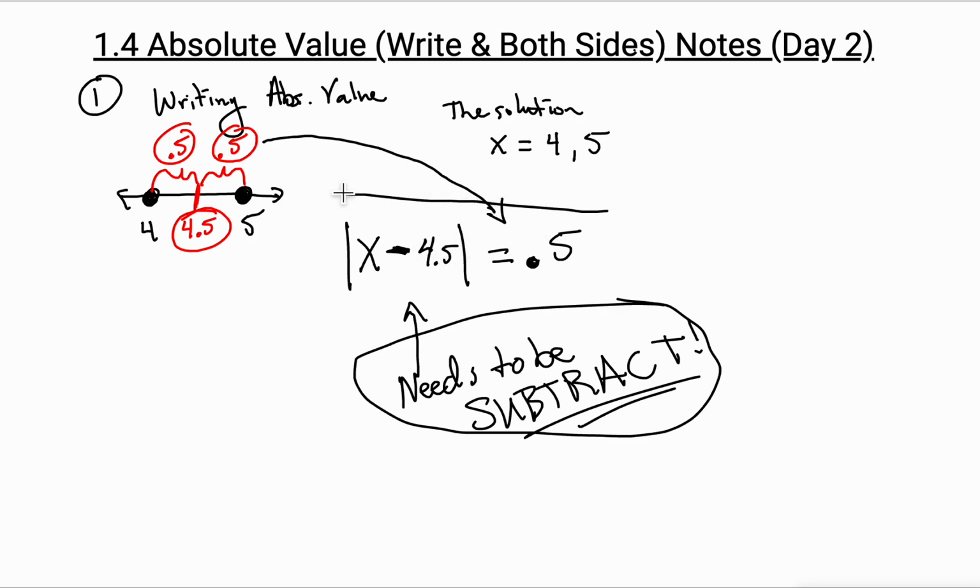So in writing that absolute value equation, if we were to go and solve it, we would come up with that solution, 4 and 5, because it's a half away from the center, and that center is 4.5, because it has to be that subtract.